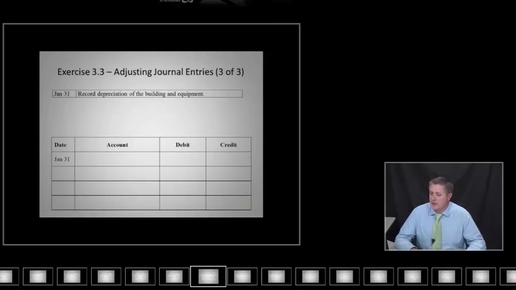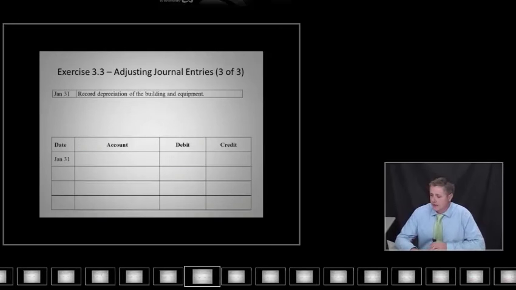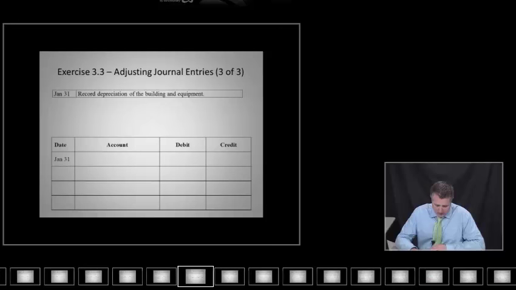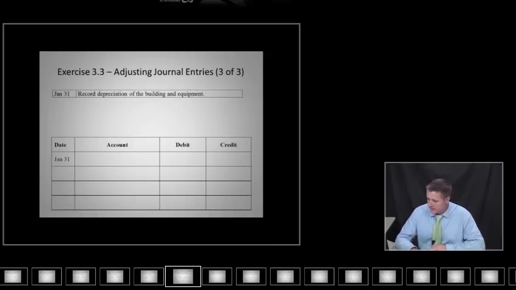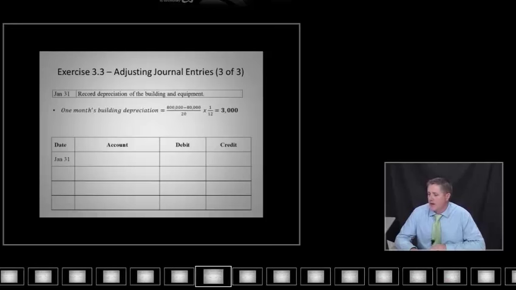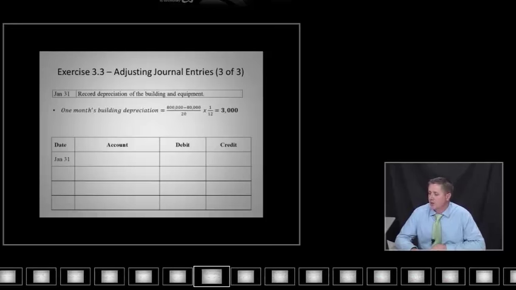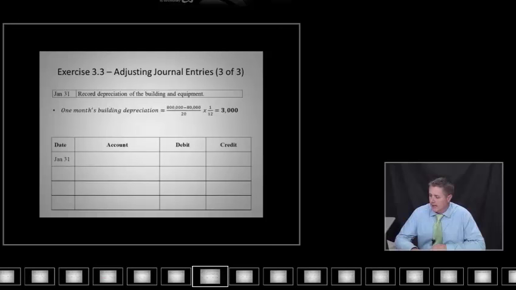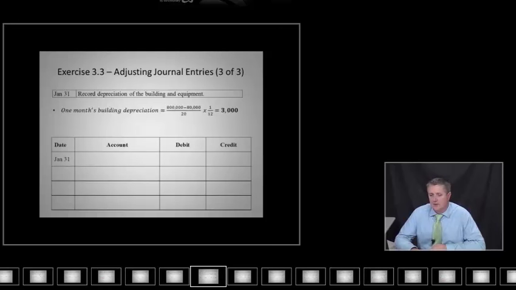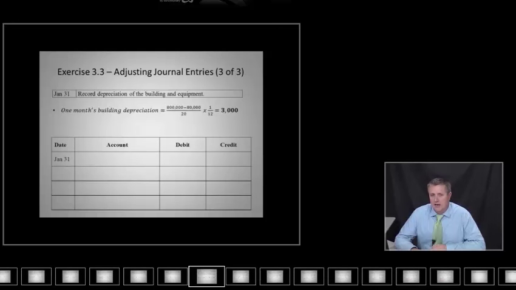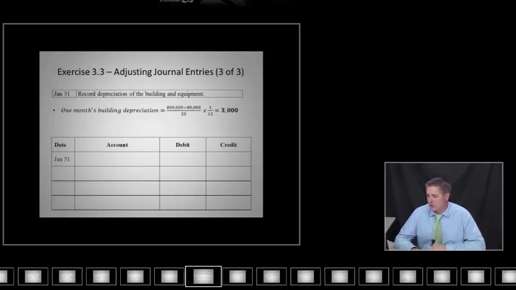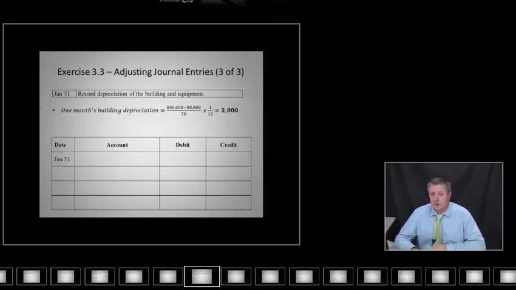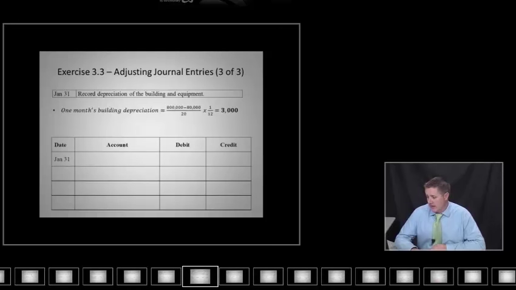Finally, we would need to record depreciation on the building and equipment. And so let's do the building first. 1 month's building depreciation. If you recall, the building was acquired at a cost of $800,000. It had a salvage value of $80,000, a 20-year life, and it was depreciated over 20 years using the straight line method.